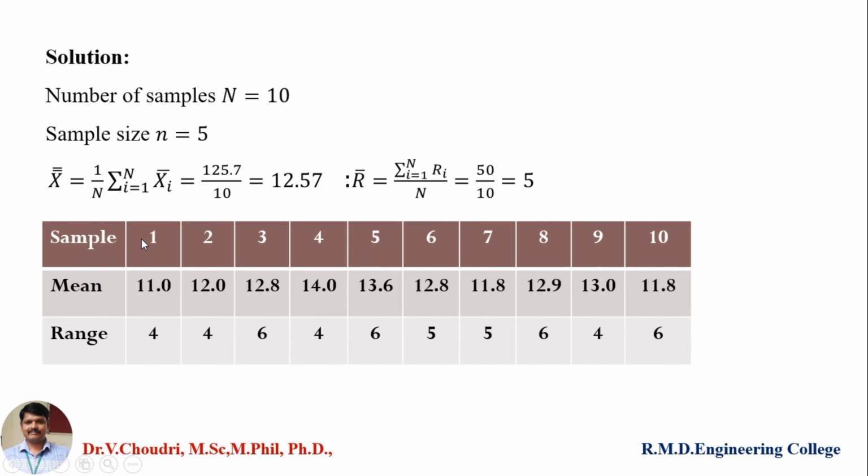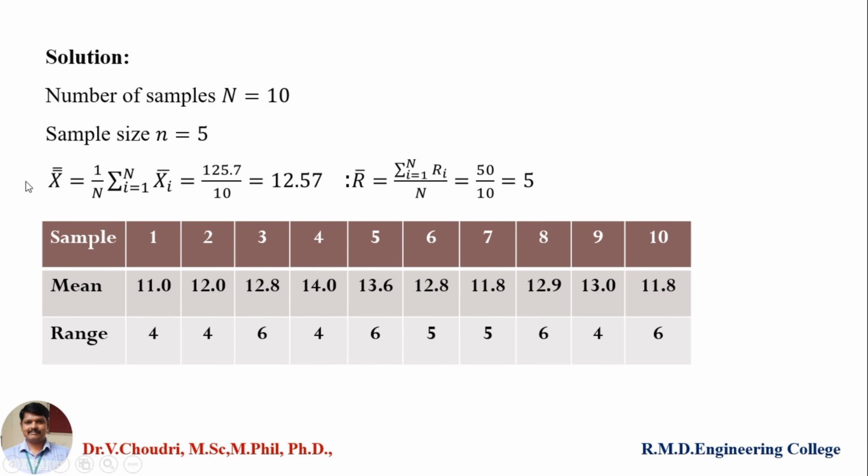Let me tell you how we define this value. For samples 1 to 10, the sum of all the average values is 11.0 plus 12.0 plus 12.8 plus 14.0 plus 13.6 plus 12.8 plus 11.8 plus 12.9 plus 13.0 plus 11.8. Adding these values, you get 125.7, divided by 10, that is 12.57.